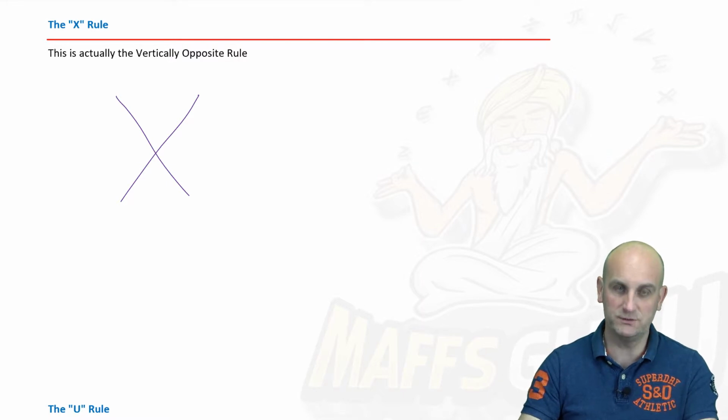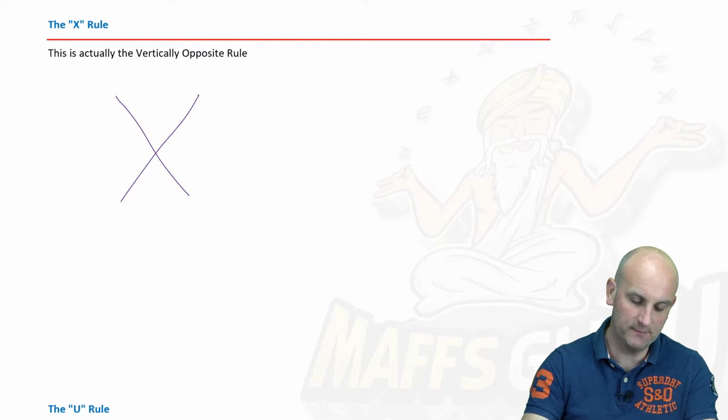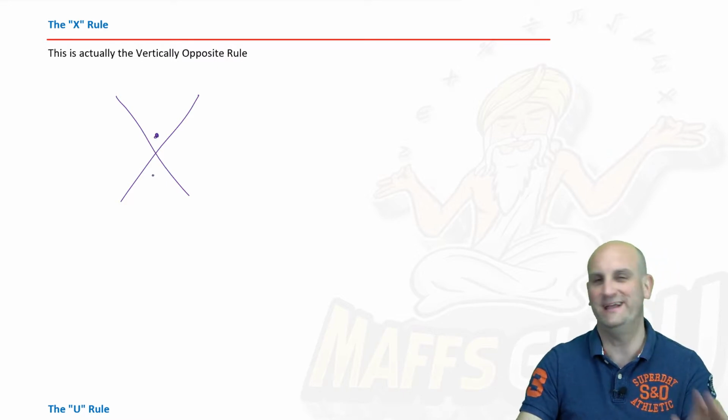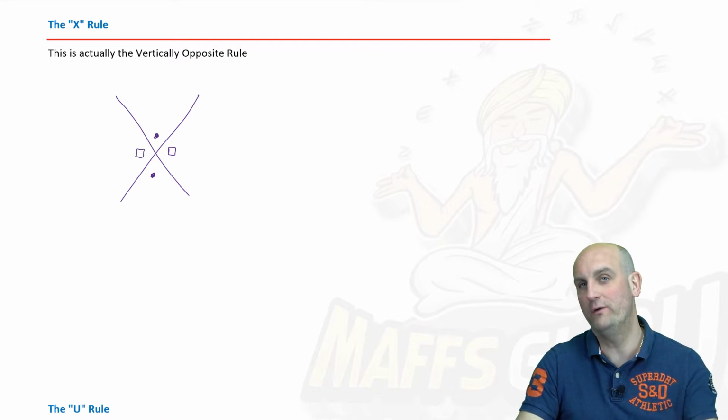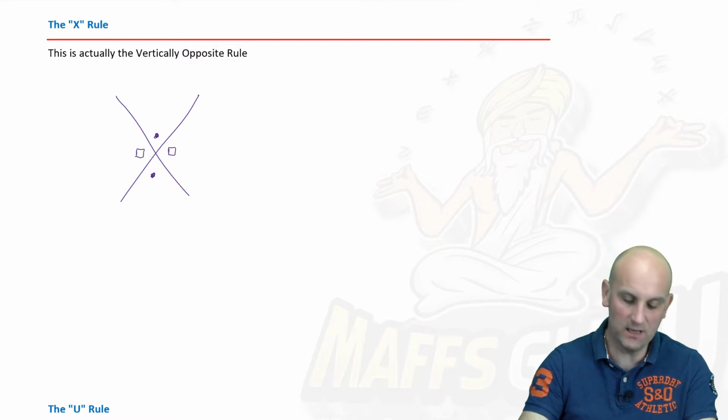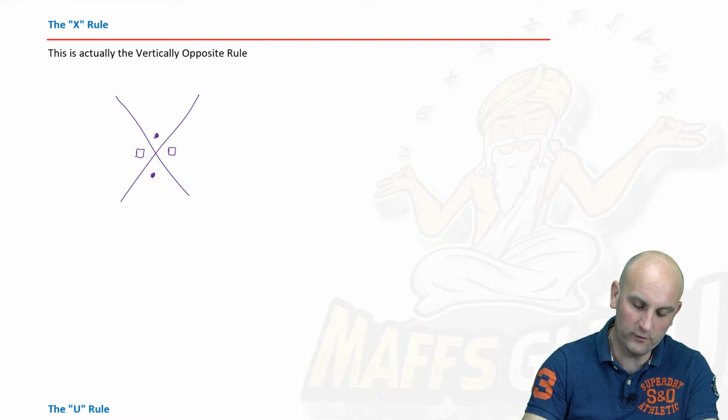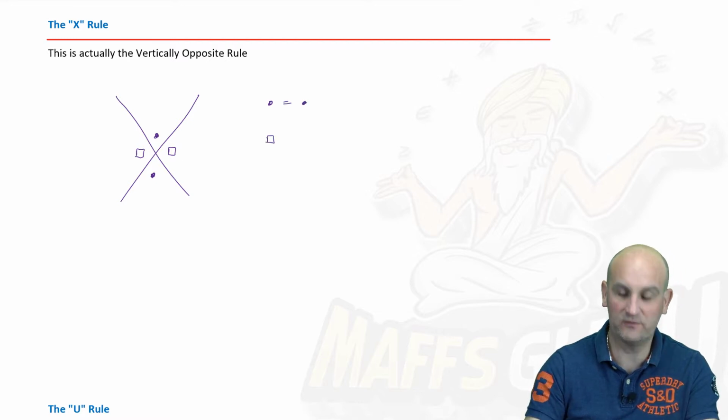But what is important to know is that angles that are vertically opposite, and by that I mean this angle here and this angle here, are exactly the same size. Now what that also suggests is that this angle here and this angle here are also exactly the same size. So to make that sort of more formal, the dot is equal to the dot in size and the square is equal to the square in size.